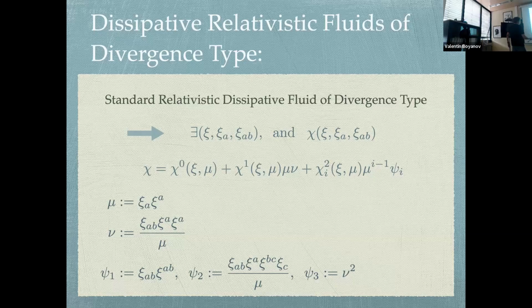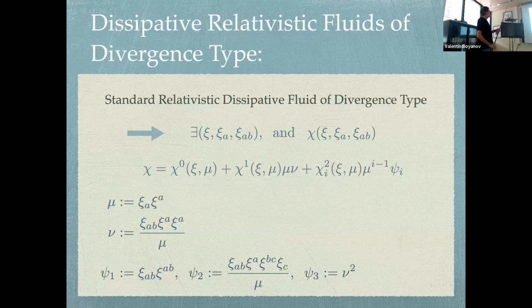You have this one, the trace, the contraction. You contract with psi, you contract it twice, and then you take the square. So we have these, these are the scalars that come in. This is at the second order the most general generating function. Right? And you see that there is a lot of freedom here for the function. Any choice of this function will give you a second order theory.